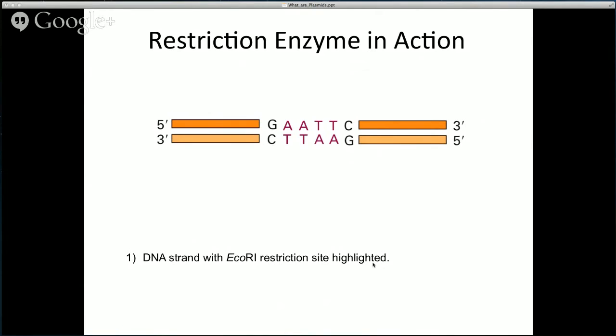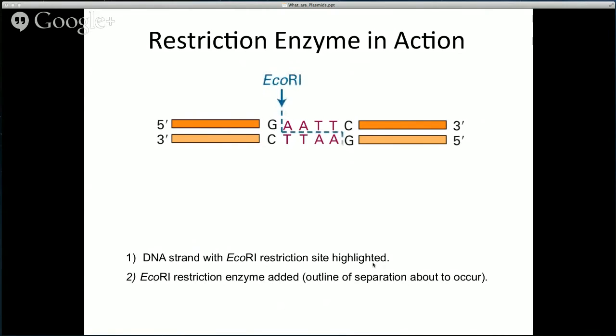That means there are enzymes that come from bacteria that can cut up DNA at very specific sites. In this case, the enzyme called EcoRI, and yes, it did come from E. coli. It's able to recognize this very specific sequence, GAATTC. And when it recognizes it, it cuts it, in the way that you see the dotted lines.